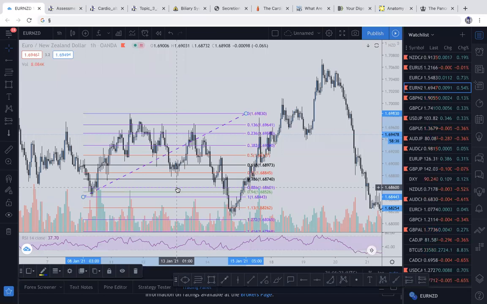That becomes a crab. So your B leg should be between 78.6 and 88.5. Immediately you hit 88.6, you have a different pattern.